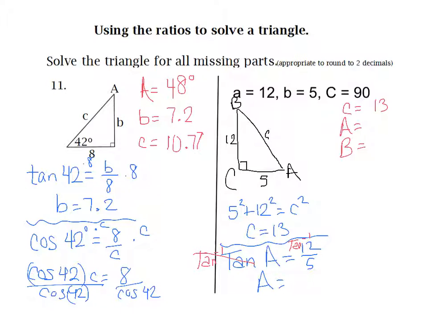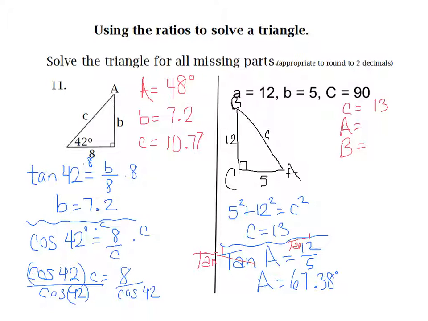You just need to know that anytime you're looking for the angle measurement, you're going to have to do inverse tangent to find it. In my calculator, I'm going to type inverse tangent, that's second tangent, of 12/5. Close that parenthesis, and I end up with a 67.38 degree angle.